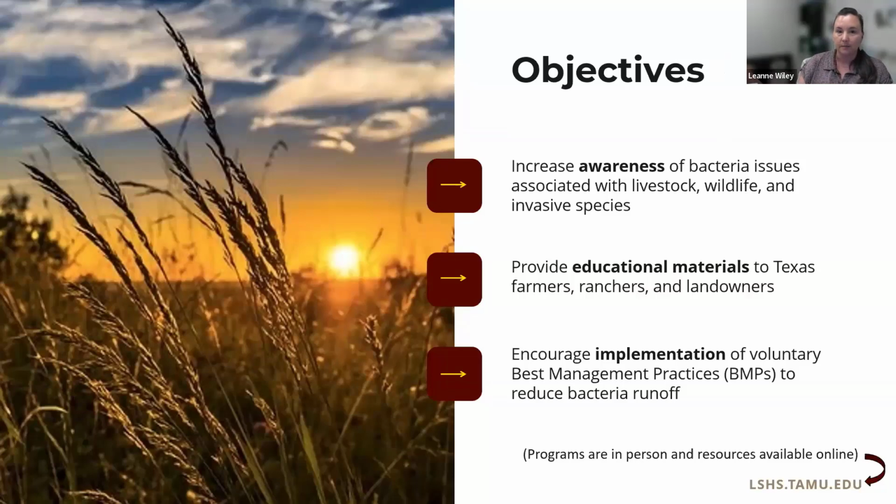Every person is concerned because everyone's using water daily. And then lastly, going back towards the landowner, farmer, rancher, is encouraging implementation of voluntary practices, which I'm going to list a few off in a couple slides.